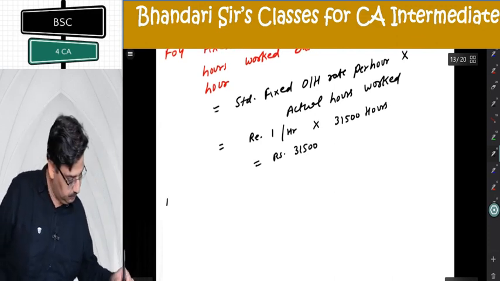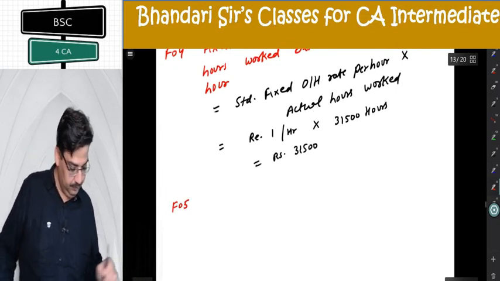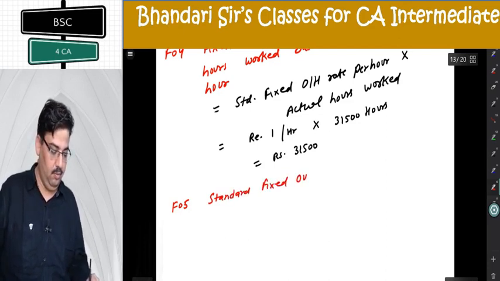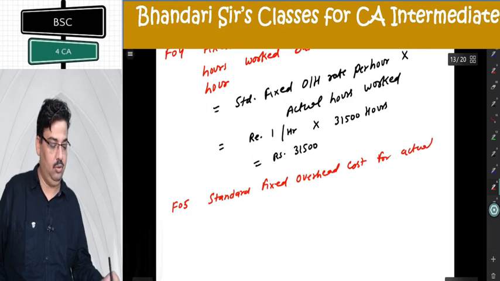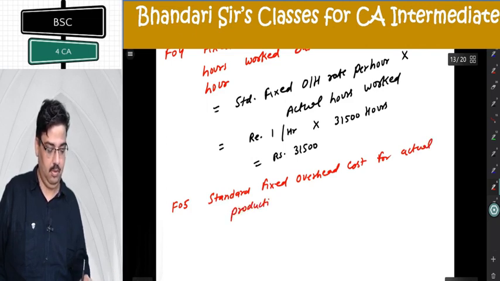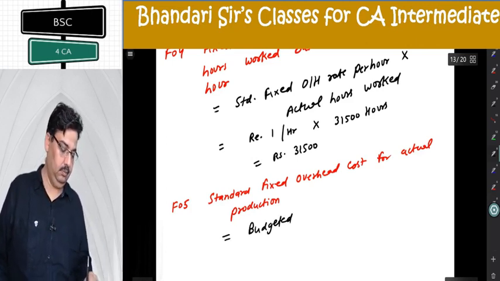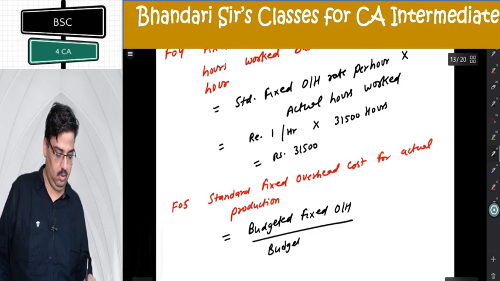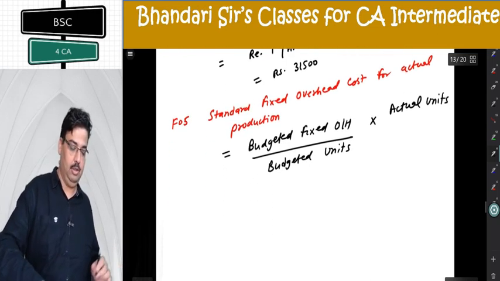FO5. The FO5 standard fixed overhead cost for actual production equals budgeted fixed overhead divided by budgeted units multiplied by actual units.